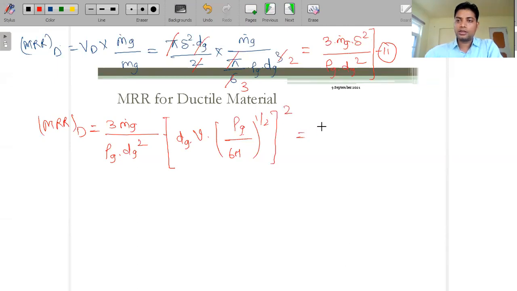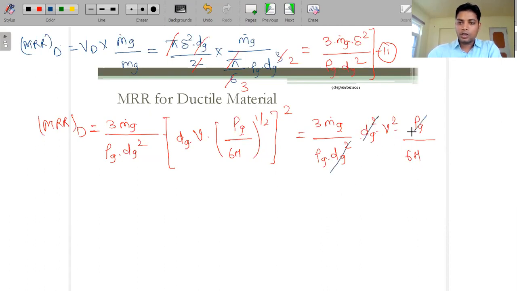Okay, so just simplify this one. This is 3 m dot g upon rho g into dg square into v square into rho g, because this is 1 by 2, so this will be cancelled out, so this will become rho g into 6h.